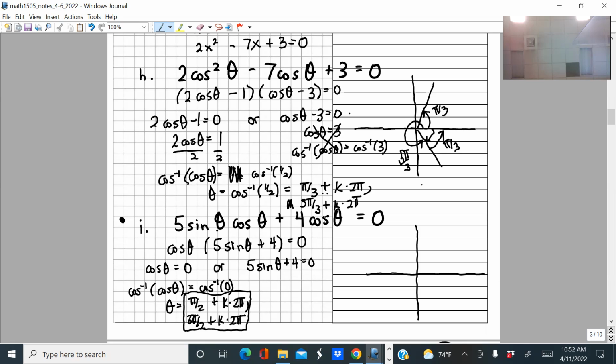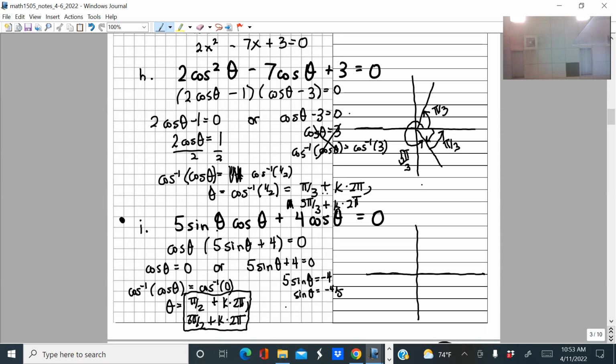Now we have to work on this equation. So let's see, I think I would take the 4 to the right-hand side, right? So I'd have 5 sine of theta is -4, and then divide by 5. So we have sine of theta is -4/5. So I feel the calculator is going to be useful here, because I don't know an angle whose sine is -4/5.